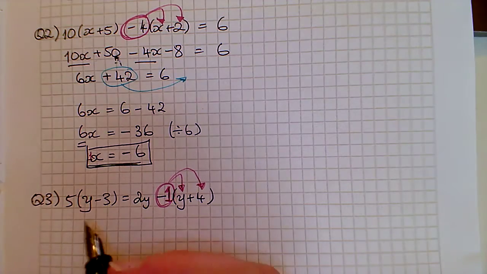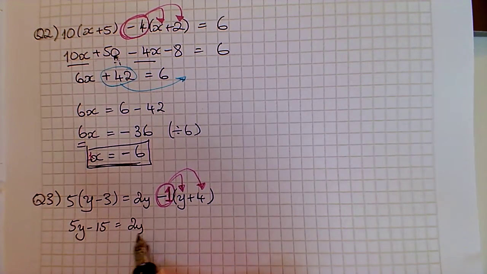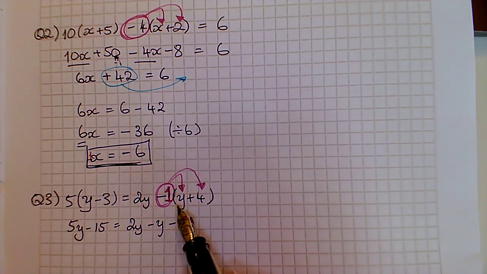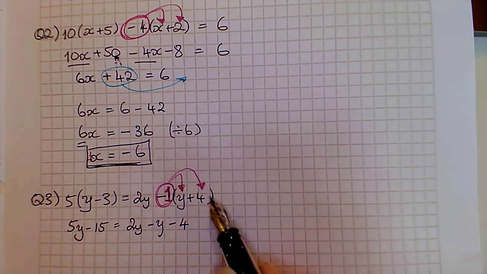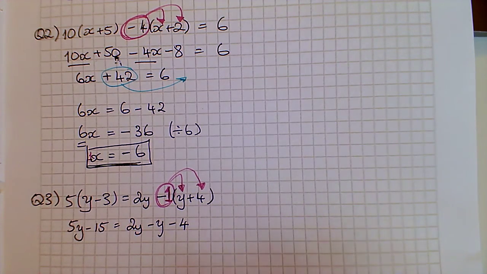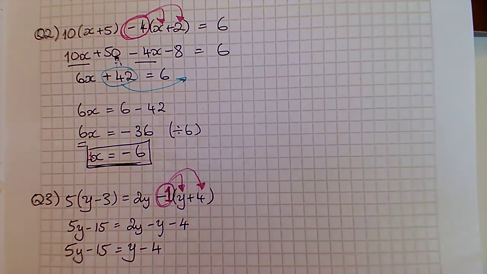What we're doing is we're multiplying minus 1 by the first term and minus 1 by the second term. So then multiplying out these brackets, I've got 5y minus 15 equals 2y minus y minus 4. So what usually happens is people apply the minus to the y and they forget to apply it to the 4. But if you write in the 1 like that, it helps you to remember. Let's simplify. 5y minus 15 equals y minus 4.